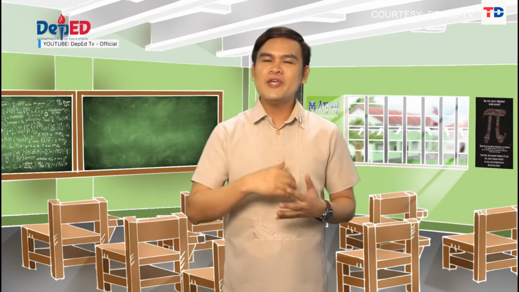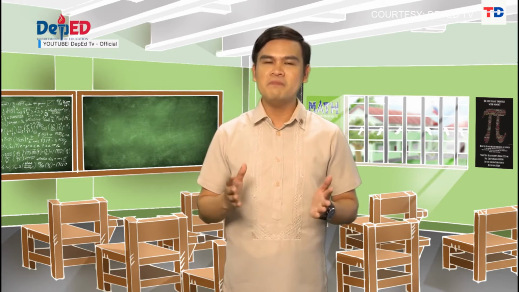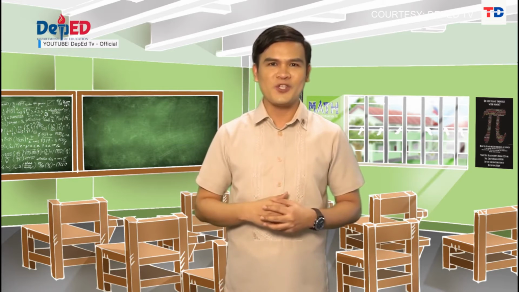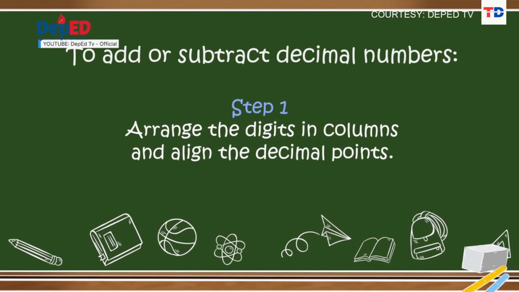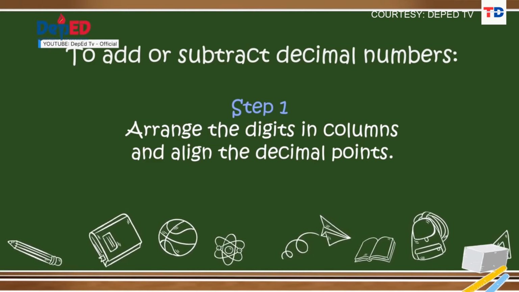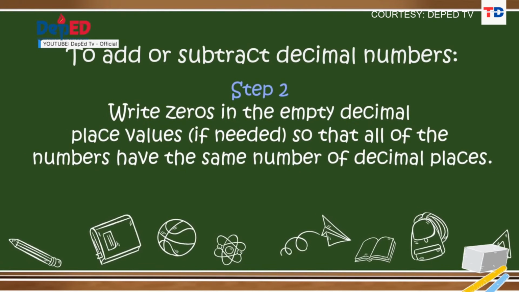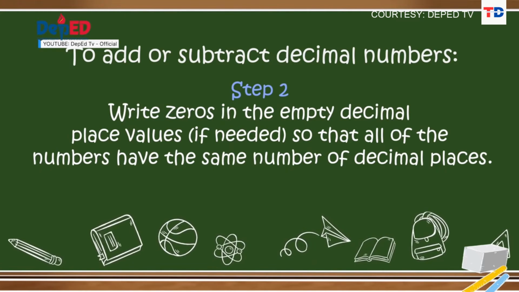Again, how do we add and subtract decimals and mixed decimals through 10,000s? To add or subtract decimal numbers, Step 1. Arrange the digits in columns and align the decimal points. Step 2. Write zeros in the empty decimal place values, if needed, so that all of the numbers have the same number of decimal places.